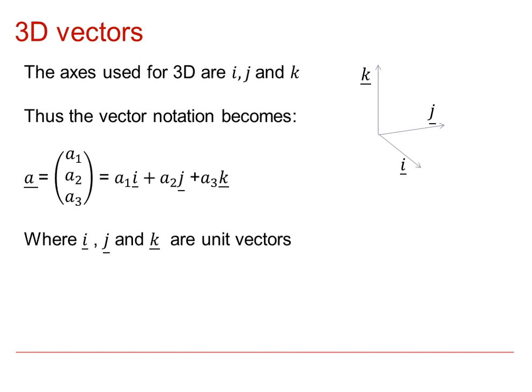Thus the vector notation for a vector A in 3D will be given by the elements (A1, A2, A3), equal to A1 in the i direction, A2 in the j direction, plus A3 in the k direction. Remembering that i, j and k are all unit vectors.